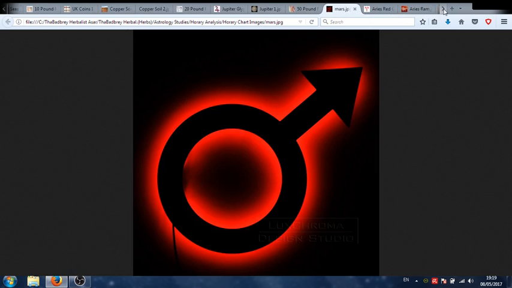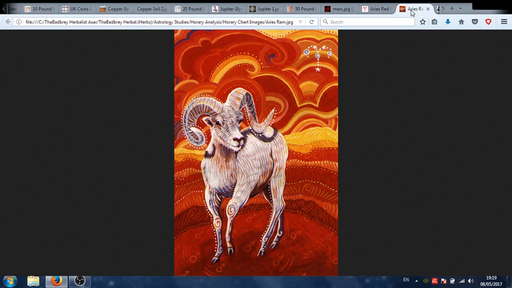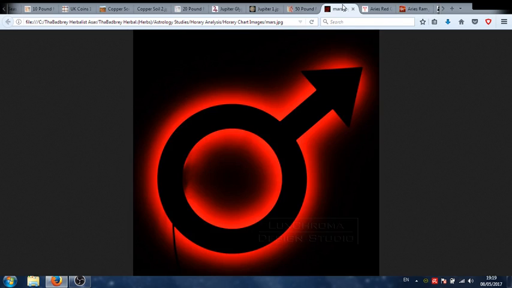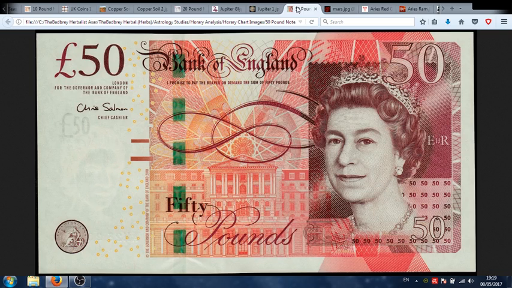Most people will stop at nothing, just like the ram, which corresponds with Aries, which is ruled by Mars. They'll stop at nothing to pursue monetary wealth, which is why the £50 note is actually red. All right. It's a bit obvious to me when I look at this.